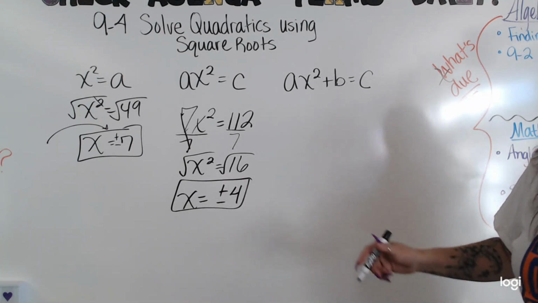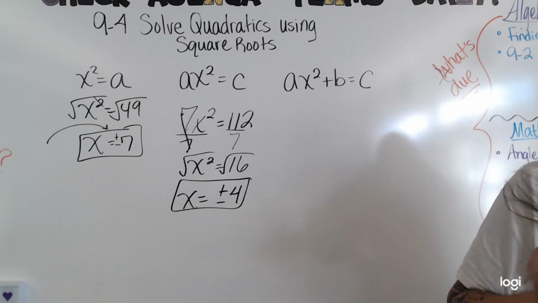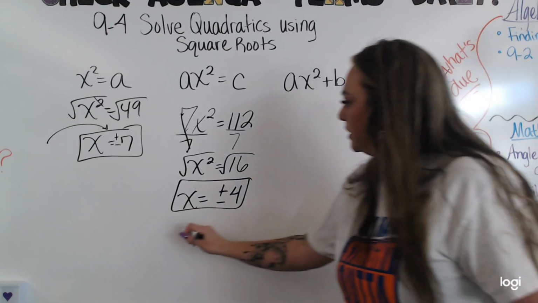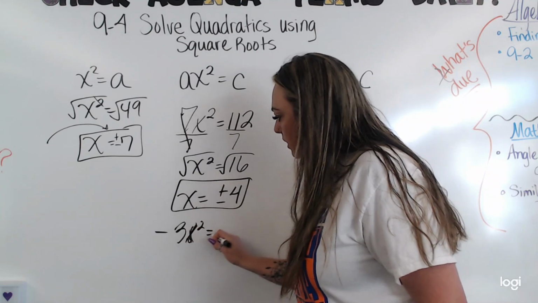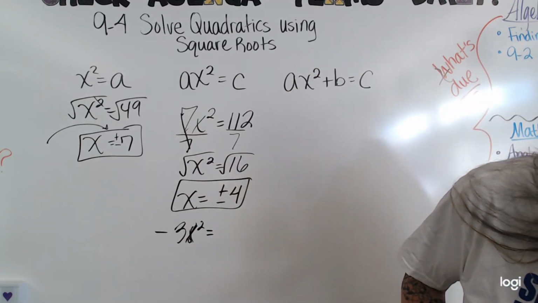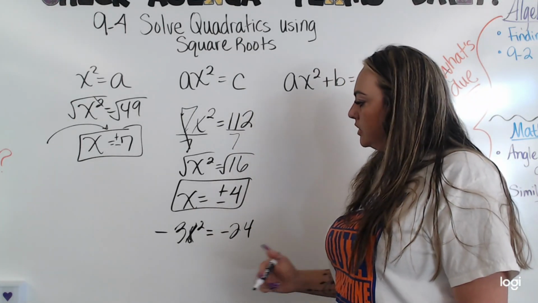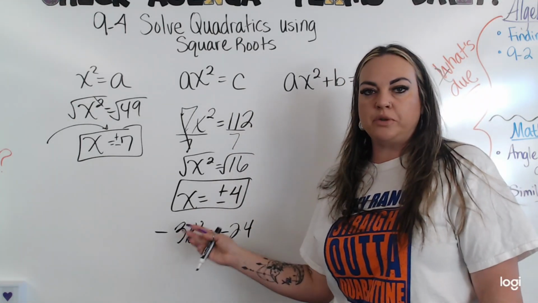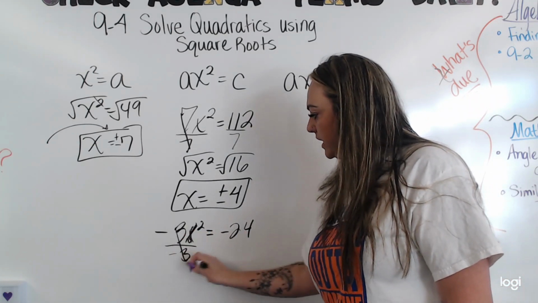Let's try one more of those. We'll squeeze it in here. -3x squared equals -24. So it's okay if we have a negative as long as we don't end up with one. So let's see how this works out. We're going to divide both sides by -3.